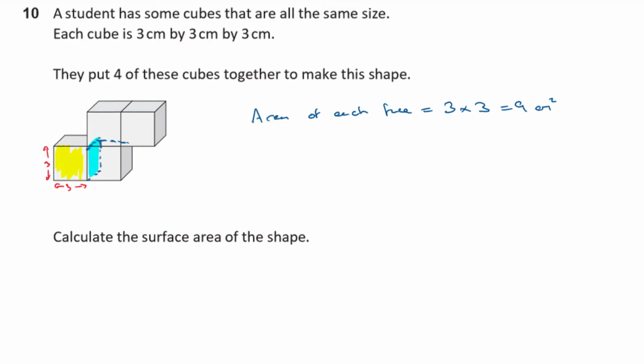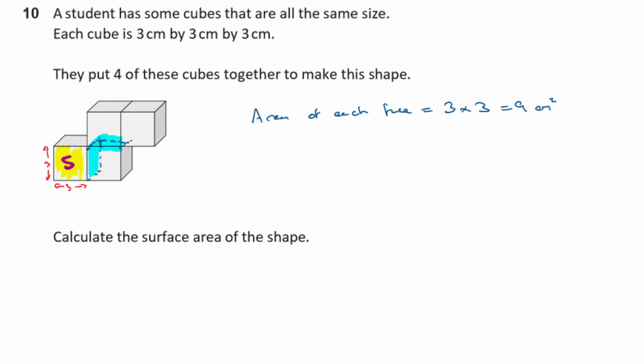So actually, this first cube on the left, there are only 5 of its faces that are external to the shape. Okay. Now, with the second cube that I just joined it onto, actually there are 2 faces that are internal, aren't there? Because also this top of this cube joins onto the bottom of the third cube.